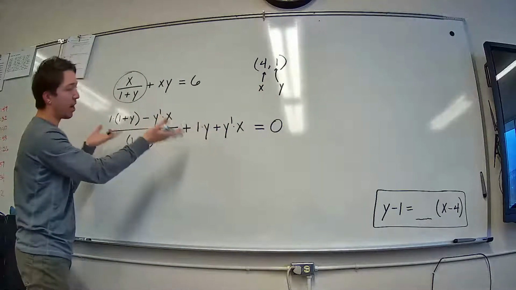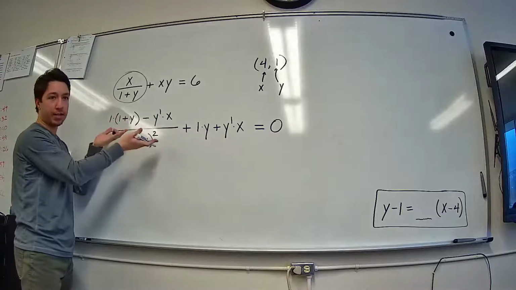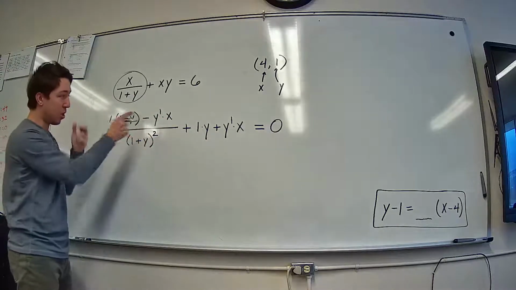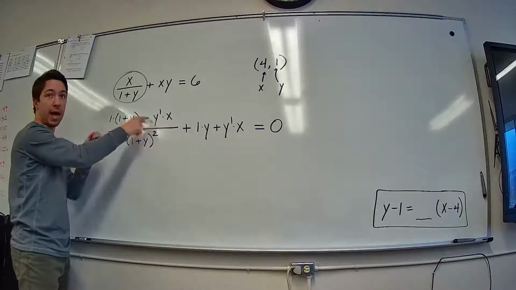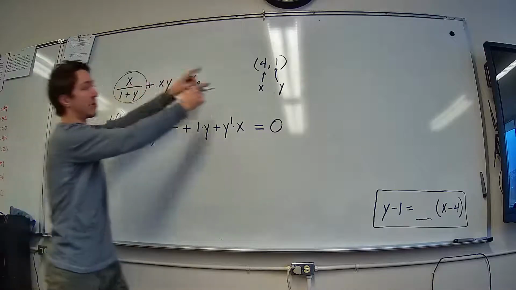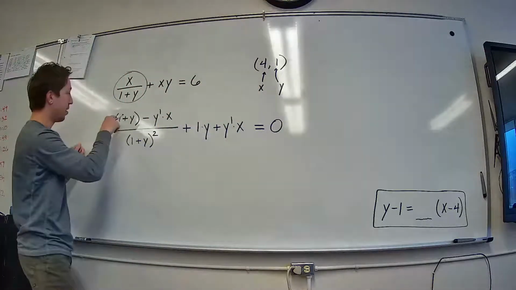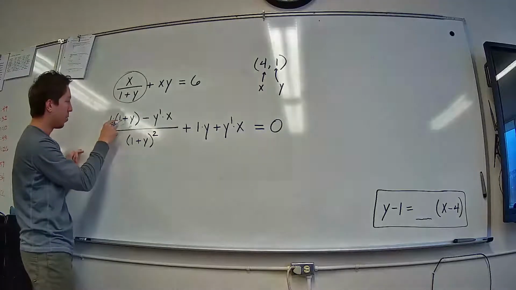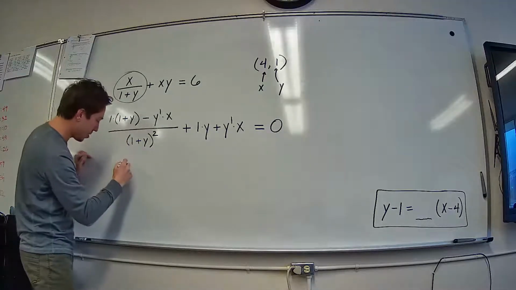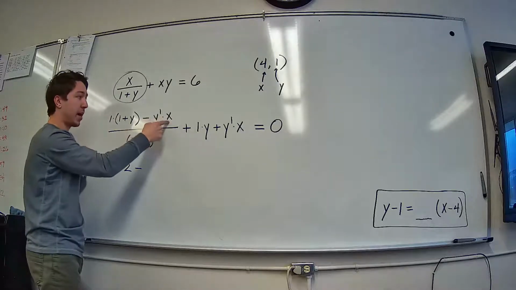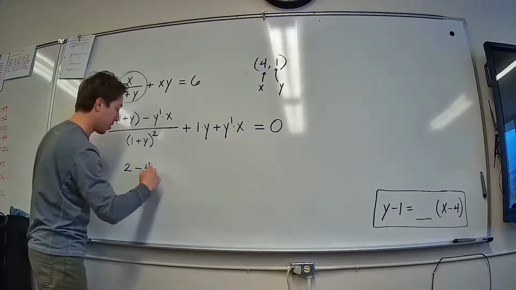And what this formula does, it's not simplified yet, but it relates the slope, y prime, to any xy pair that is on the curve. So this xy pair is on the curve, so everywhere I see an x, I'm going to put a 4, everywhere I see a y, I'm going to put a 1. So 1 plus 1 is 2. y prime times x, and the x value is 4.